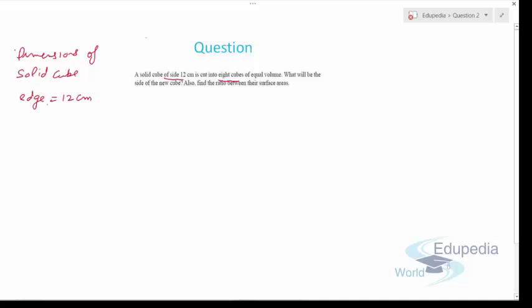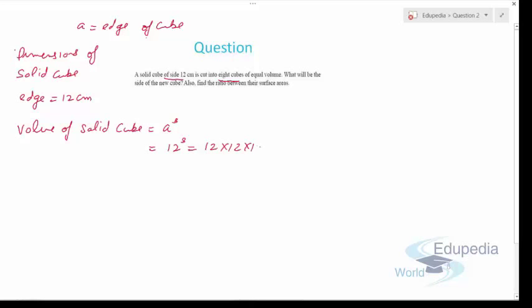Now the volume of the solid cube will be a cube, where a is the edge of the cube. We have used this notation. So this will be equal to 12 cube, which is 12 times 12 times 12 centimeter cube. So this is the volume of the solid cube.